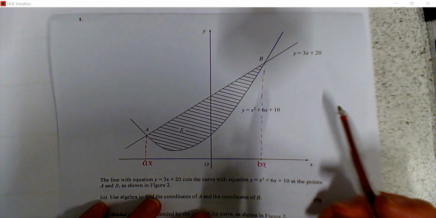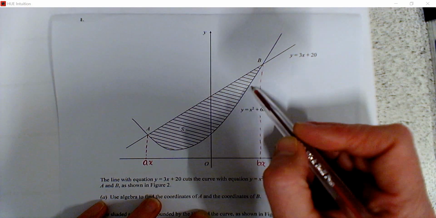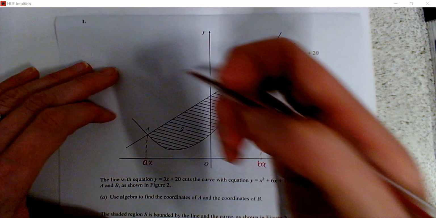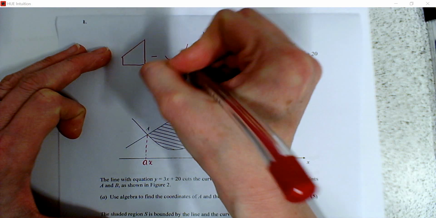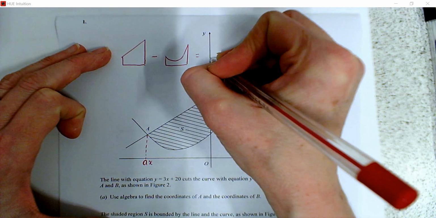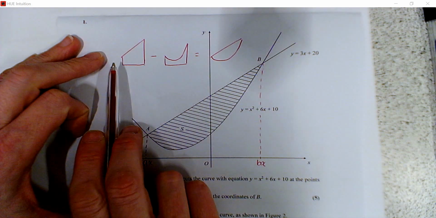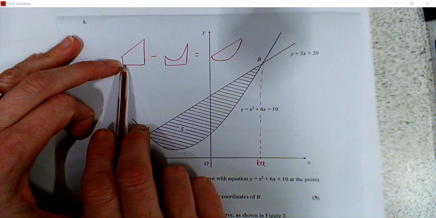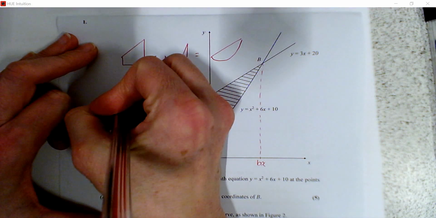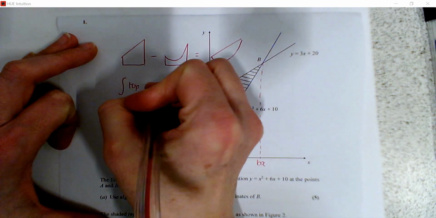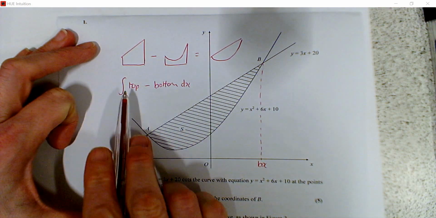Okay, we could do the whole area of the trapezium and take away the area under the curve. All right, so we can go trapezium minus area under curve will give us the floating area that we want. All right, so you'd have to remember that you add the parallel sides, halve it, and times by the perpendicular distance, or you can do it in one go where we do the integral of the top equation minus the bottom equation. Okay, so let's have a look at that one.